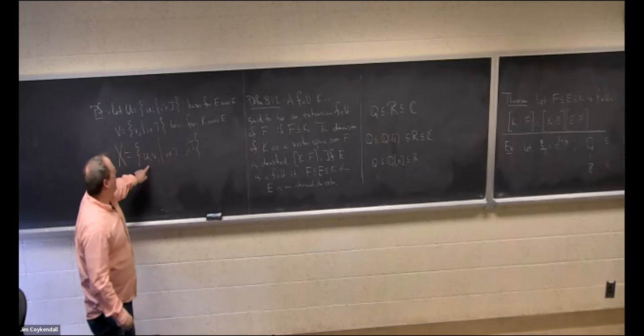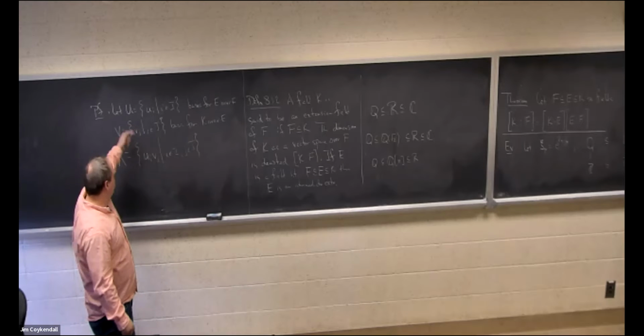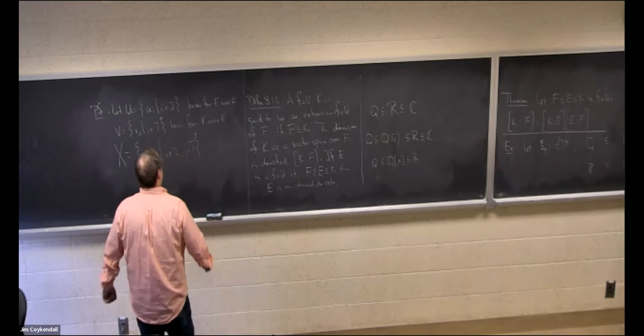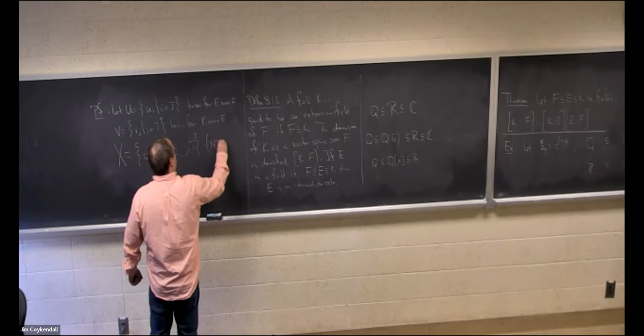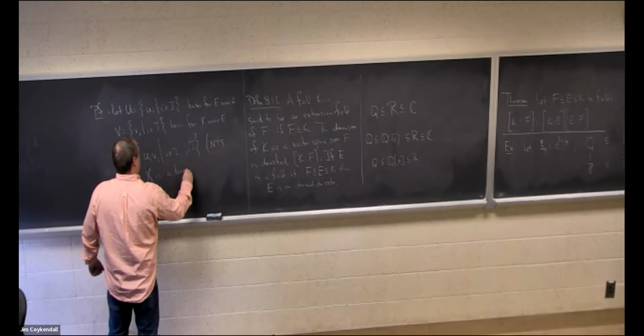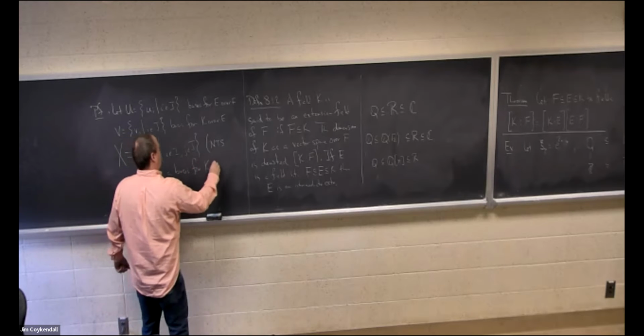So look at all possible products as you run through both indices. You want to show that, need to show X is a basis over F.